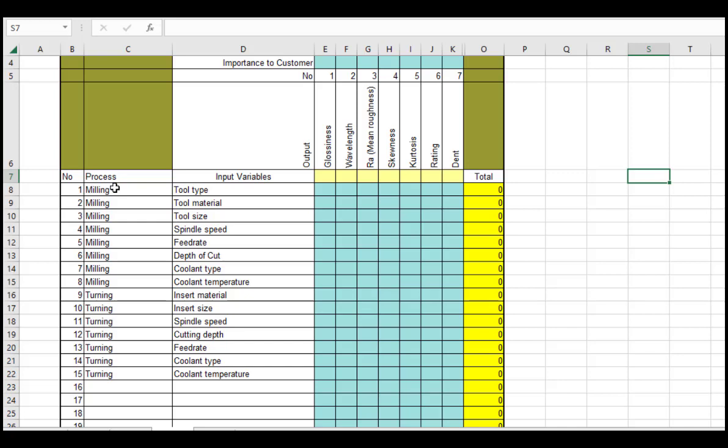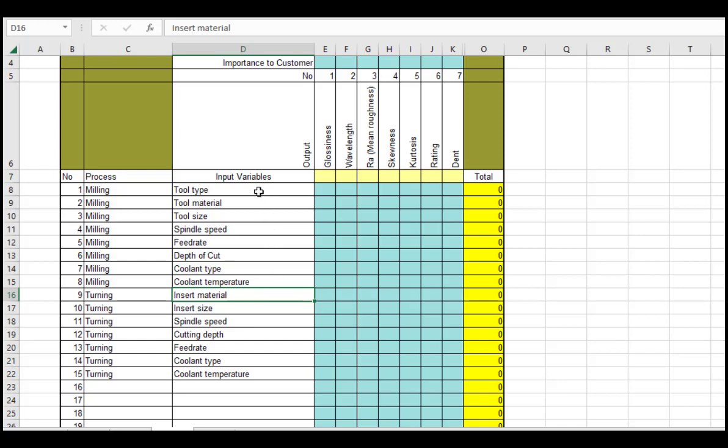For the process, only two processes were shortlisted, milling and turning. The input variables for milling are put here, and the input variables for turning will be put here. So next we need to give a rating or ranking.